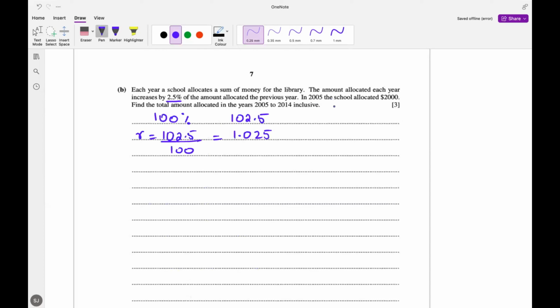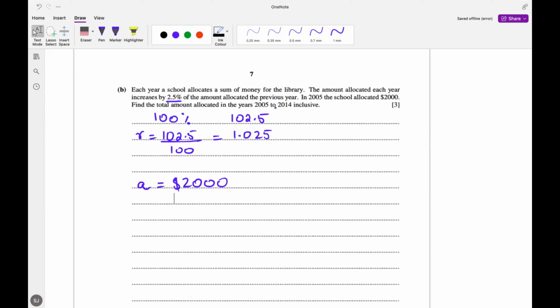In 2005, the school allocated $2,000. We have to find the total amount allocated in the years from 2005 to 2014. As 2005 is the first year, we can say that the value of a is $2,000. One common mistake that students tend to make is they subtract 2005 from 2014 and get the number of years as 9.